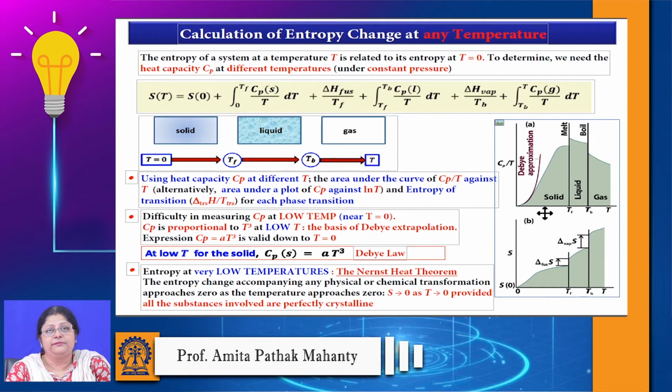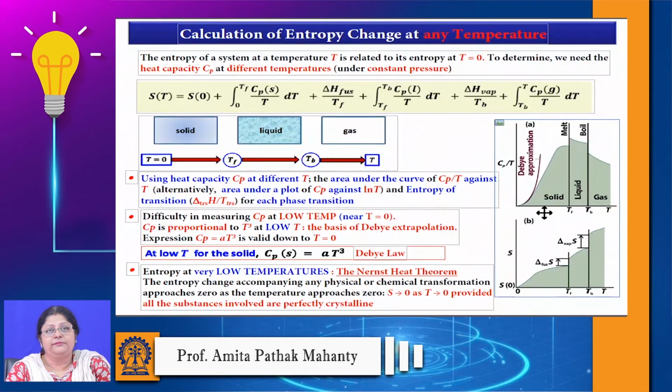So what do you do? You do an approximation, the Debye extrapolation, which is known as Debye law, where Cp is equal to A T to the power 3, where T is the absolute temperature. And according to the Nernst heat theorem, at very low temperatures, the entropy change accompanying any physical or chemical process or transformation is also approaching zero as the temperature approaches zero, provided the solid is perfectly crystalline.